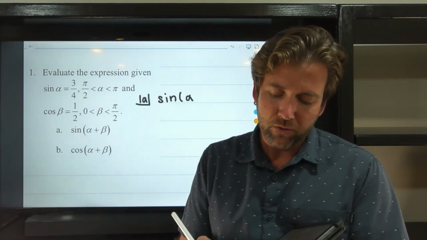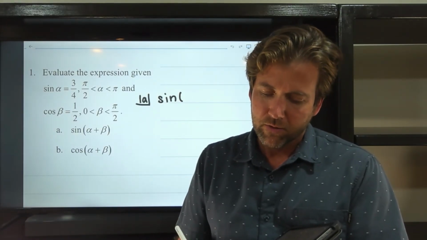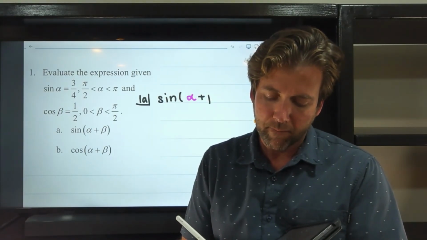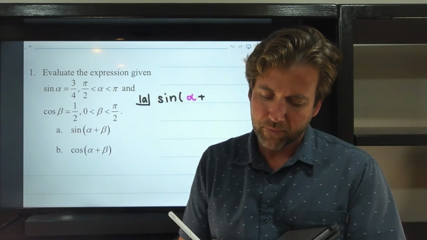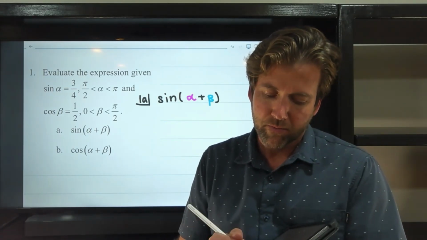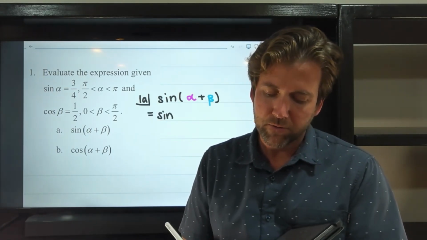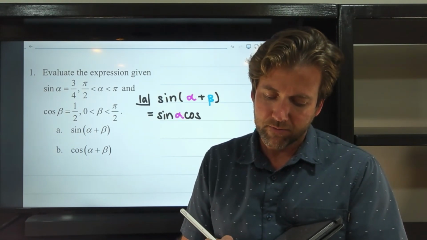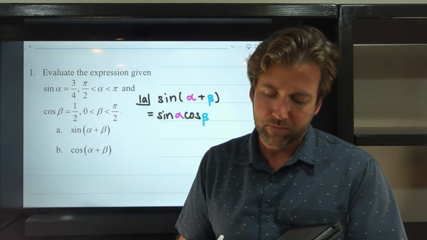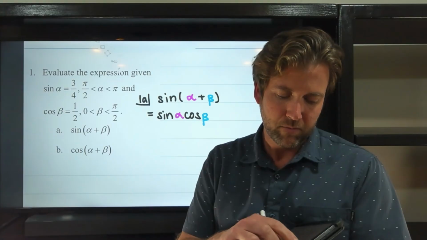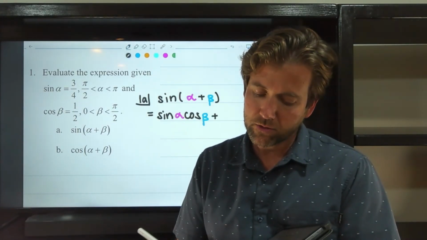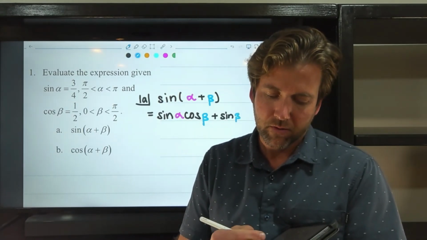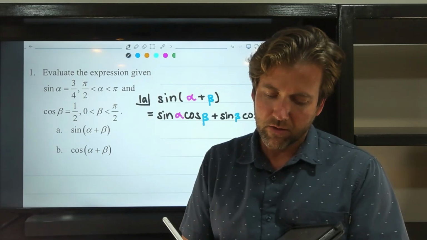So this past week we learned the formula for this, that the sine of alpha plus beta is equal to the sine of alpha times the cosine of beta plus the sine of beta times the cosine of alpha.